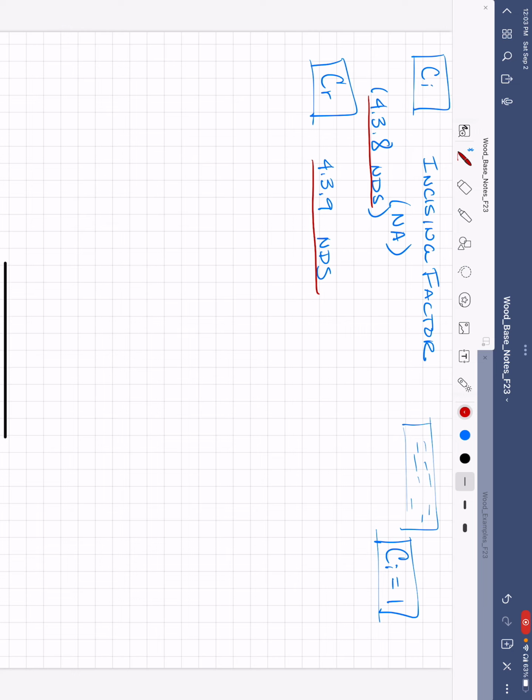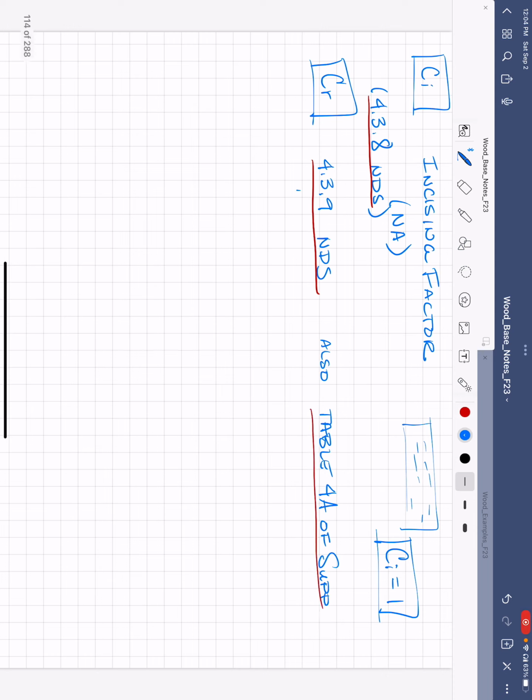You can also look at page 32 of the supplement here, where it goes in and shows you the actual repetitive member factor. It says the exact same thing of what I just said. So this is actually in two places. It's also in table 4A of the supplement.